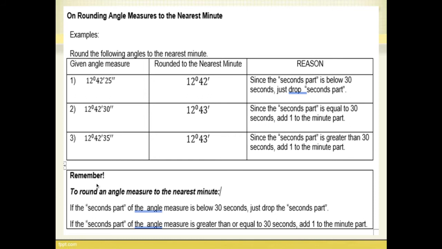Now remember, to round an angle to the nearest minute, if the seconds part of the angle measure is below 30 seconds, we drop the seconds part. If the seconds part is greater than or equal to 30 seconds, then we add 1 to the minute part.